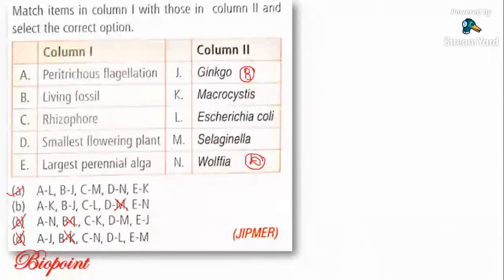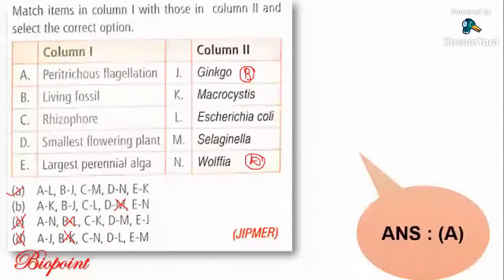So the correct answer for the question is option number A. Peritrichous flagellation is seen in E. coli bacteria. The living fossil is Ginkgo biloba. Rhizophore in Selaginella. Largest perennial alga, Macrocystis, that is there in the NCERT.